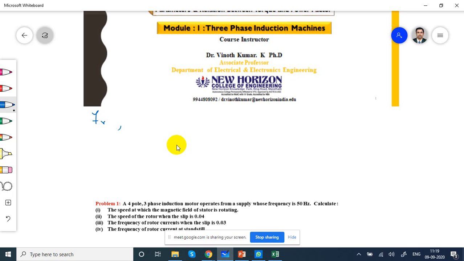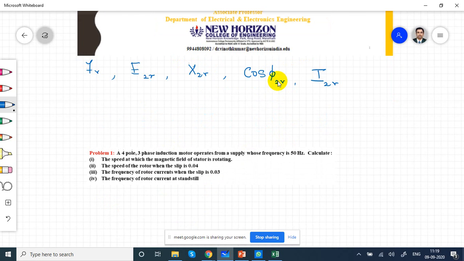Second is the magnitude of rotor induced EMF, E2R. Third is the rotor reactance, X2R. Fourth is the rotor power factor, cos phi 2R. Fifth is the rotor current, I2R. Now by using these five parameters, we are going to solve this problem.